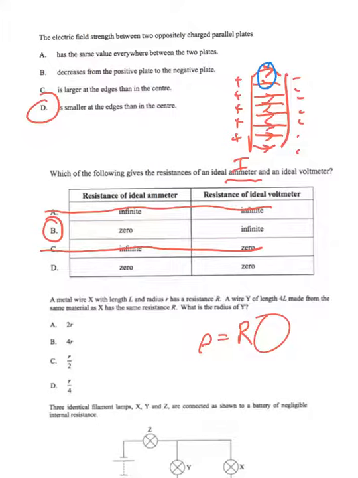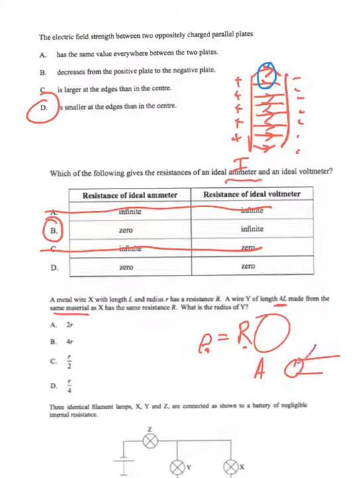Okay, so the resistance is not changing. It's the same metal, same material. It says right there, so the resistivity is going to be the same. So the length is going to change, and the area is going to change. Remember, area is the cross-sectional area of your wire.